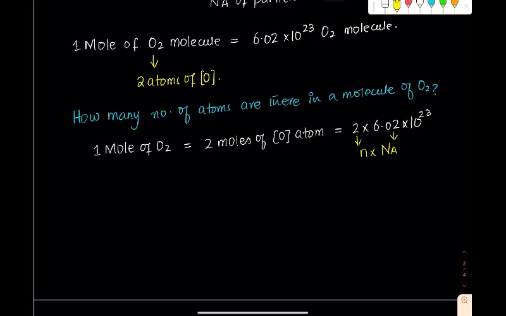So N times the Avogadro's number. In a molecule, we have N times the Avogadro's number of particles present in them, or N times the Avogadro's number of atoms has made 1 molecule, which again comes out to be the same Avogadro's number.